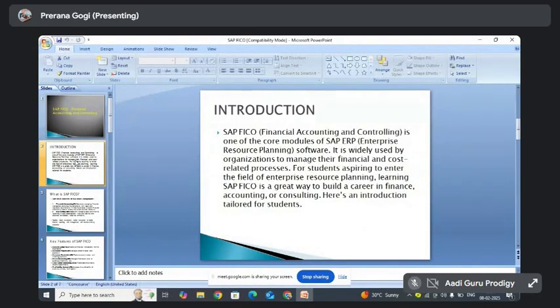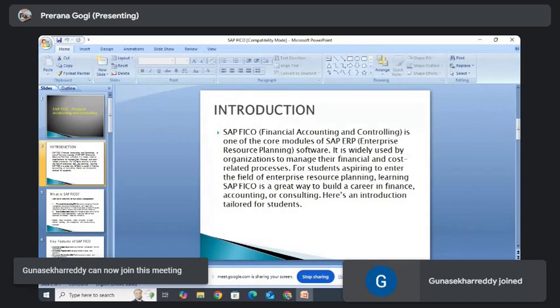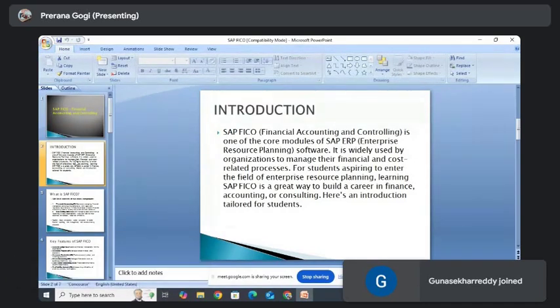So when we talk about the introduction to SAP FICO, I hope you are able to see my screen. We are talking about SAP FICO, that is financial accounting and controlling, which means we are doing the finance where the controlling is happening for our projects.